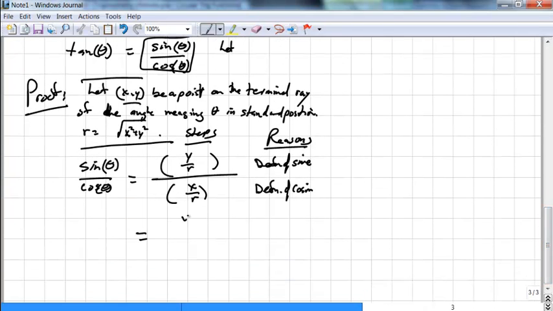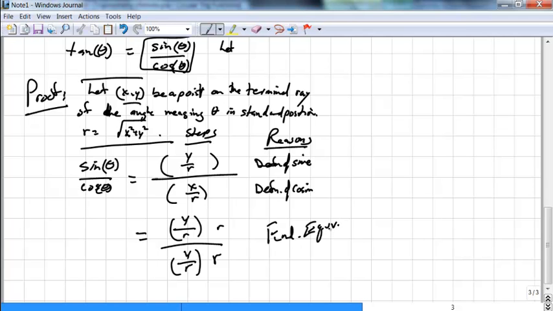Now I'm going to take this and multiply top and bottom of this fraction by r. And we know we can do that by the fundamental equivalence property of fractions. Abbreviating a little bit there.